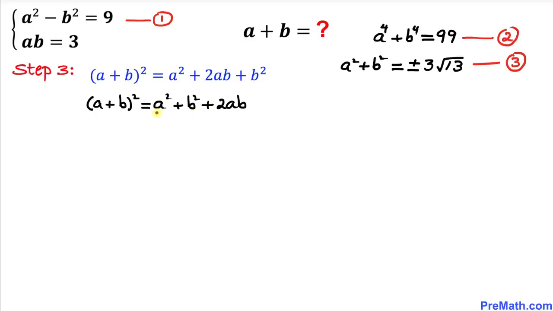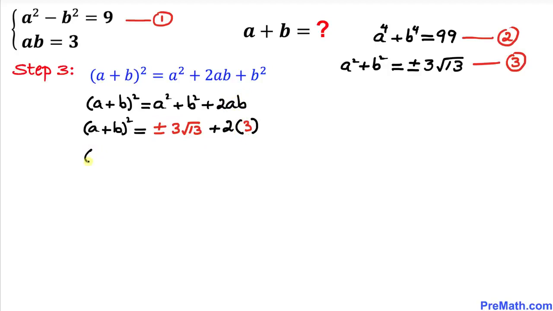Now we can see that a square plus b square is positive or negative 3 times square root of 13 from this equation 3, and our a times b is 3, so I'm going to replace this one by 3. Here I have replaced this a square plus b square by positive or negative 3 times square root of 13, and here I have replaced this ab by 3.